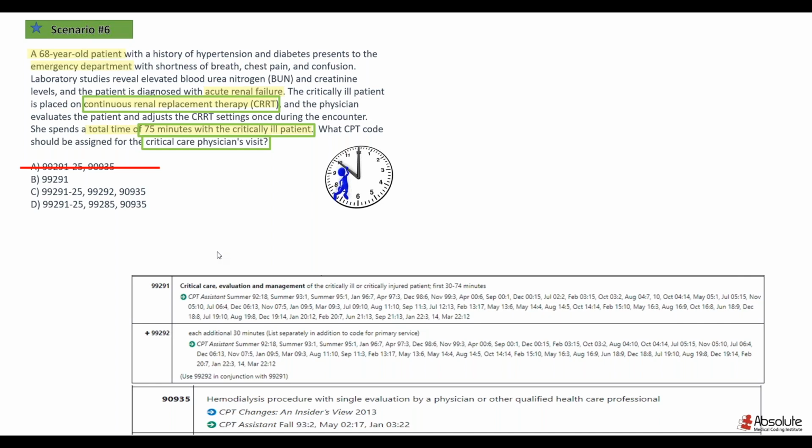Option A is missing that. Option B is also incorrect. Option D is also incorrect because they are not coding for the proper critical care E&M service codes. And option C is the correct answer, which is 99291, 99292, and 90935, which is for CRRT therapy. So the correct answer would be option C.